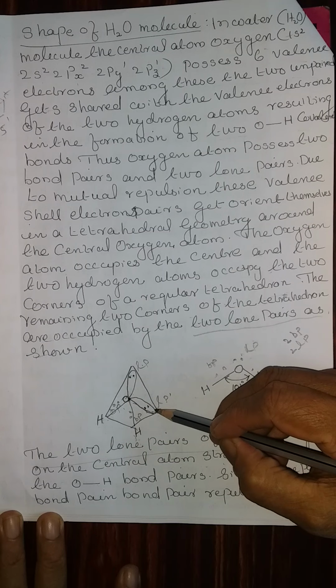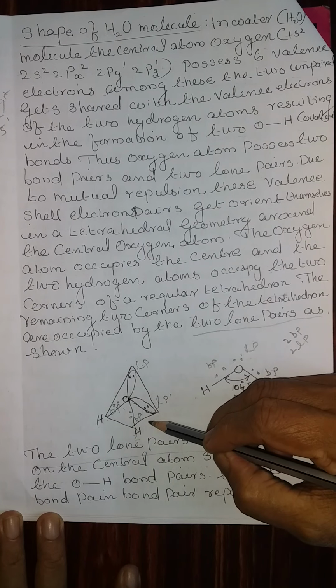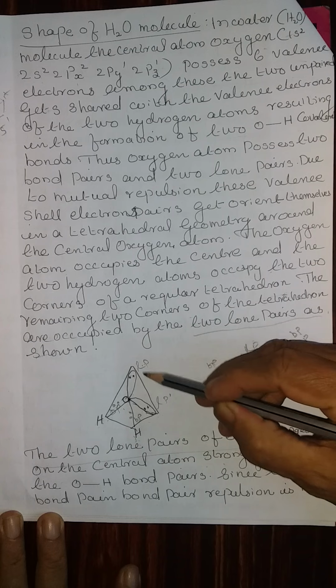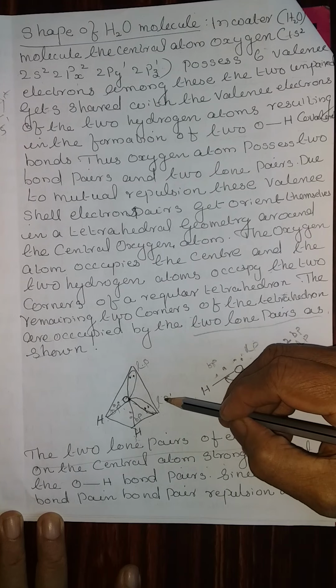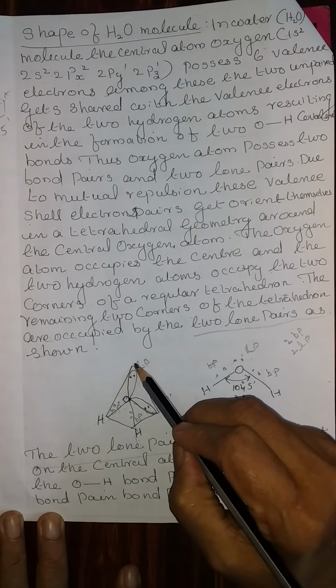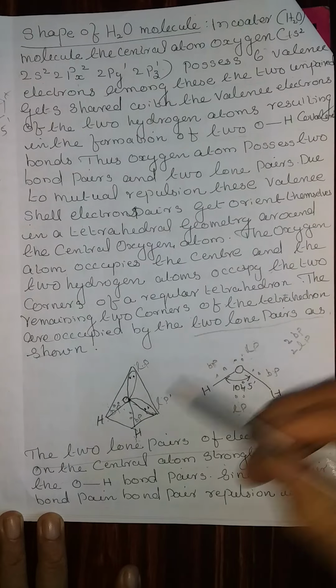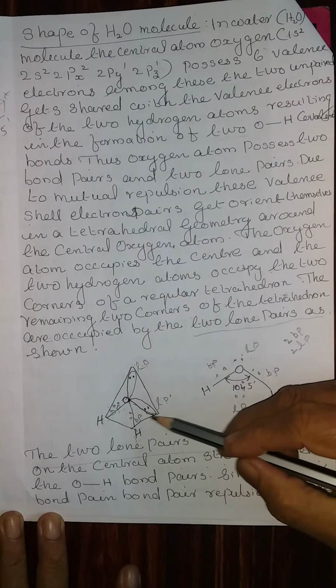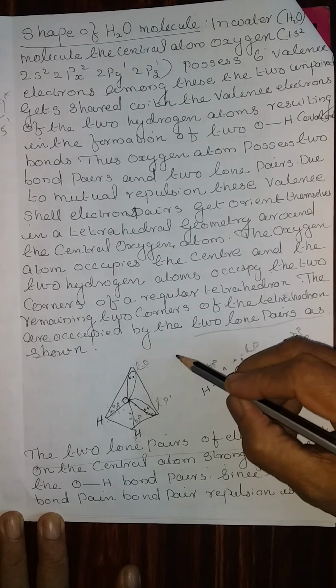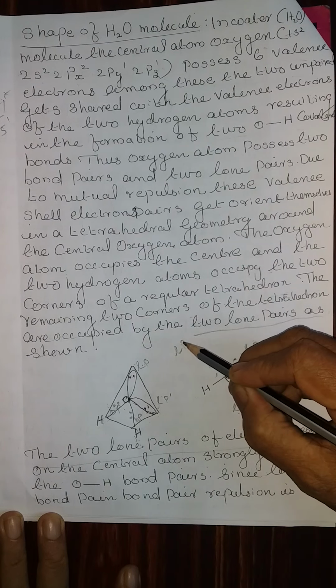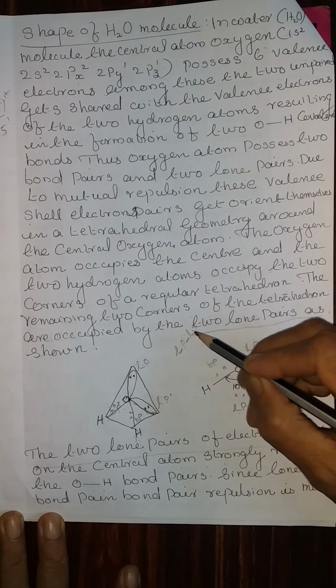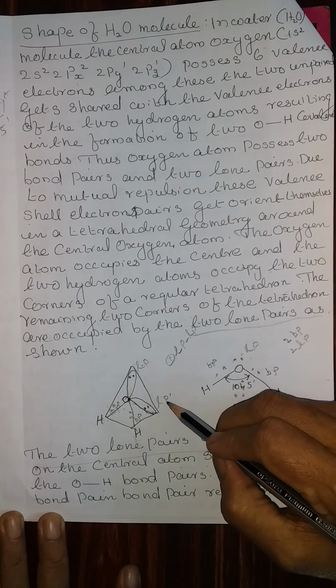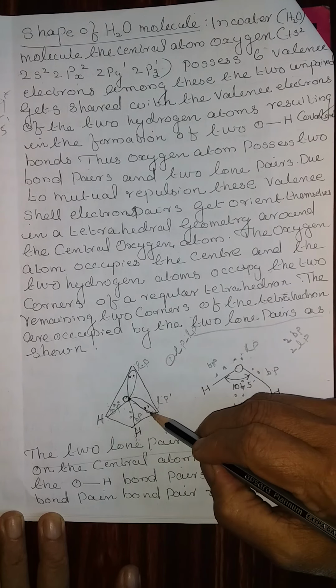The lone pair–bond pair repulsion is there. And here lone pair–lone pair repulsion is there. Here lone pair–bond pair repulsion is there. By looking at the diagram, please understand all kinds of repulsions. This is the lone pair–lone pair repulsion, both are lone pairs.